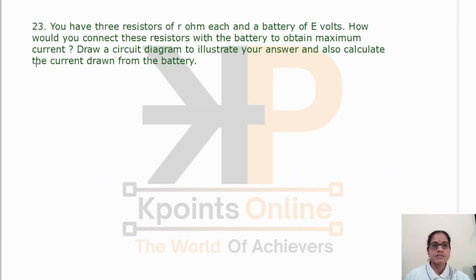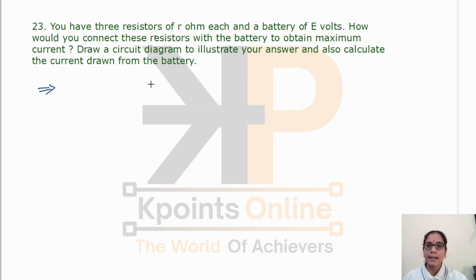The next question is, you have three resistors of R ohm each and a battery of E volts. How would you connect these resistors with the battery to obtain maximum current, and draw a circuit diagram to illustrate your answer and also calculate the current drawn from the battery? They have asked how can we connect these resistors in order to get the maximum current.